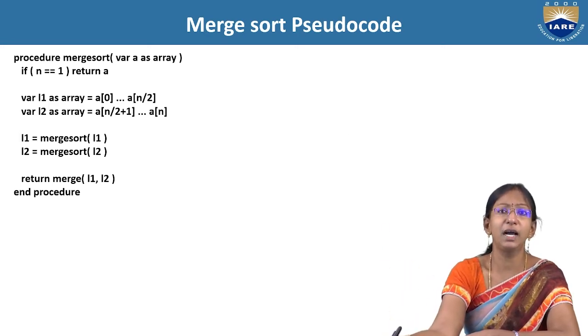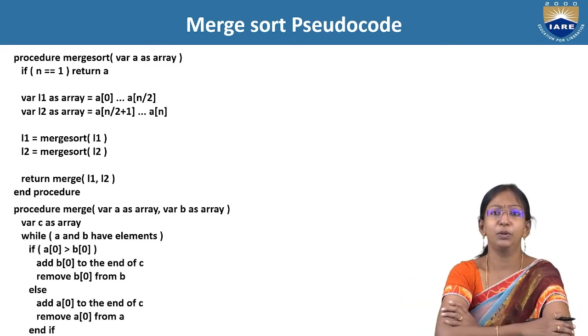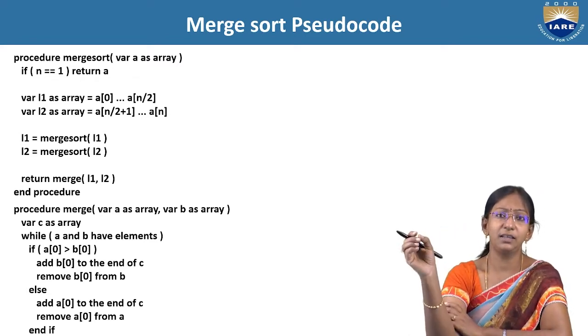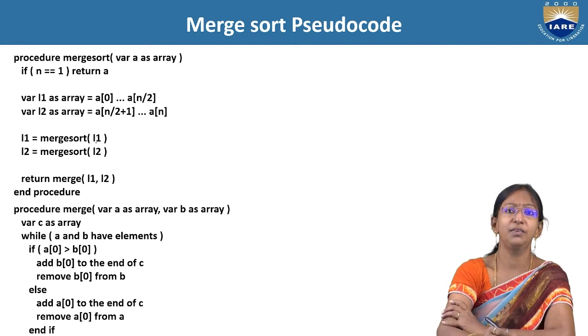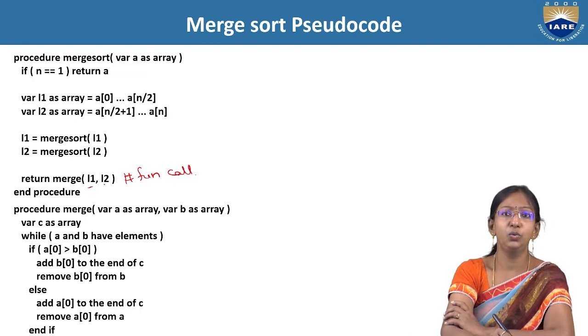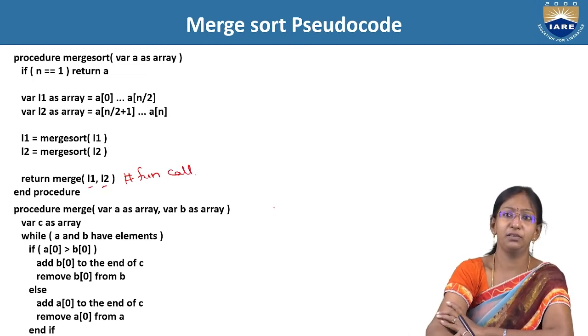Let's have a look at the procedure of the same. Merge is going to take an array A and another array B, that is two lists. This is nothing but your function call, where you are sending two lists as parameters.